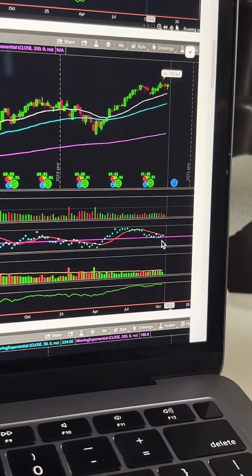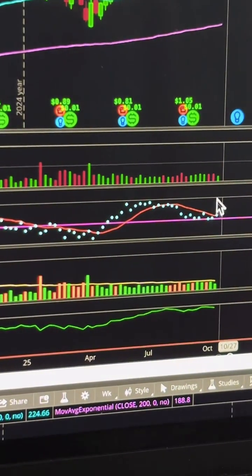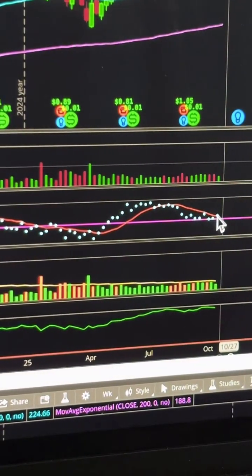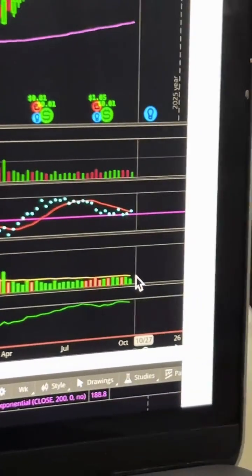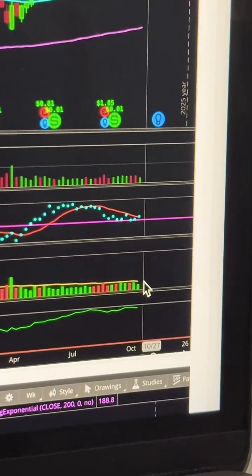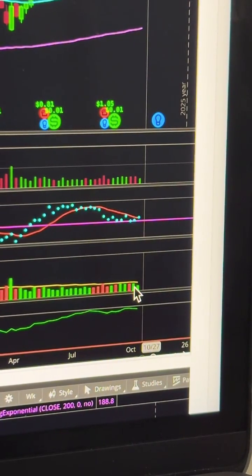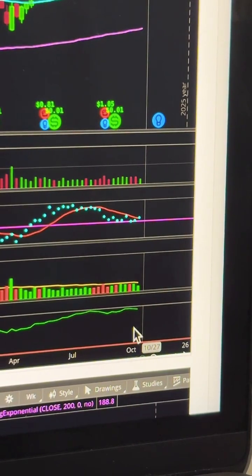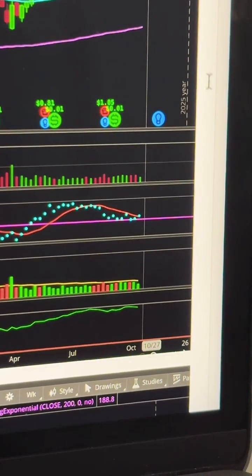You have momentum increasing, just getting above the red, the 50-day. Volume is not above average. It's not really where I'd like it to be, but I wouldn't give up on NVIDIA just because of that. You have your relative strength really high.